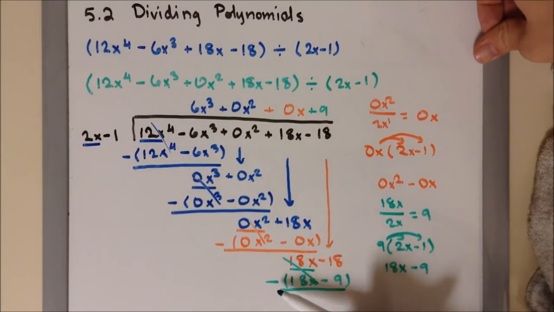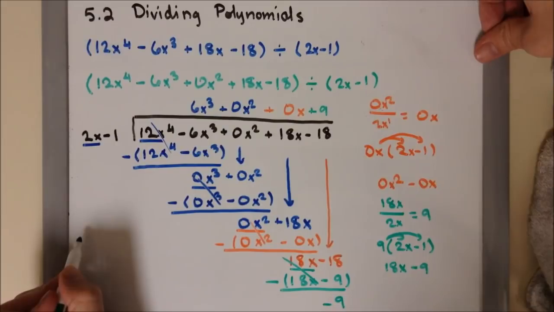Then, when I distribute the minus to this negative 9, it becomes plus 9. So, it's going to be negative 18 plus 9, so it will be negative 9. This is my remainder. So, when you finish dividing and there are no more terms for you to work with, and you have a remainder, we're going to write our answer according to this.